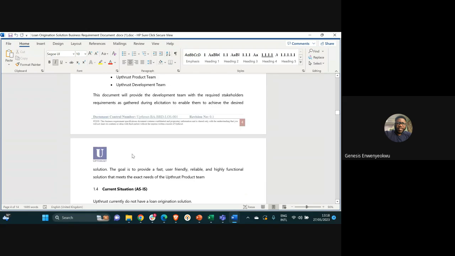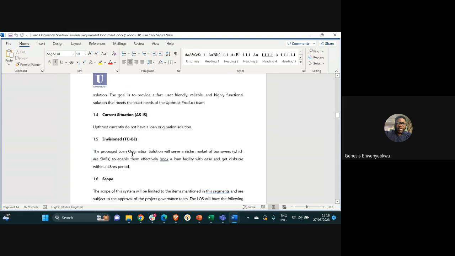Now, then we have the current situation, which is the current business process for loan management. That's for loan origination in Uptrust. So Uptrust currently does not have a loan origination process or business. So you can see there's currently no current process or current solution scenario available.